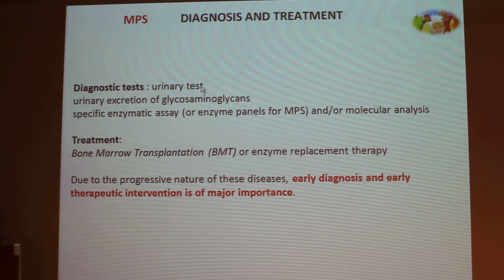The diagnostic test is a urinary test, urinary excretion of glycosaminoglycan, and the treatment could be a bone marrow transplantation or an enzyme replacement therapy. And it is very important to know that due to the progressive nature of the disease, early diagnosis and early therapeutic intervention are of major importance.